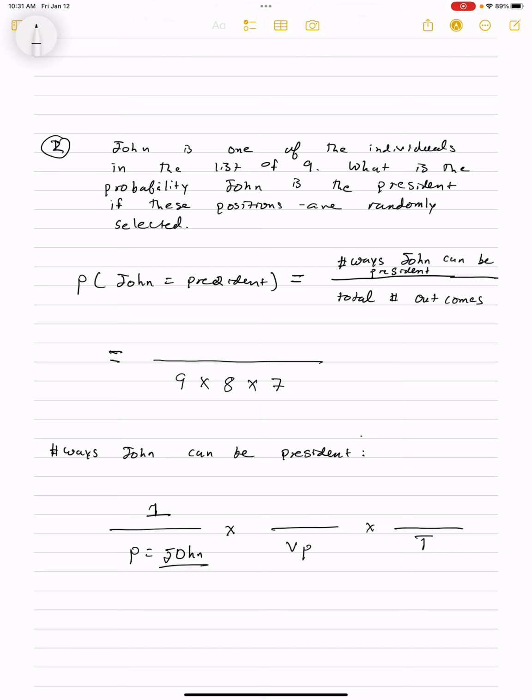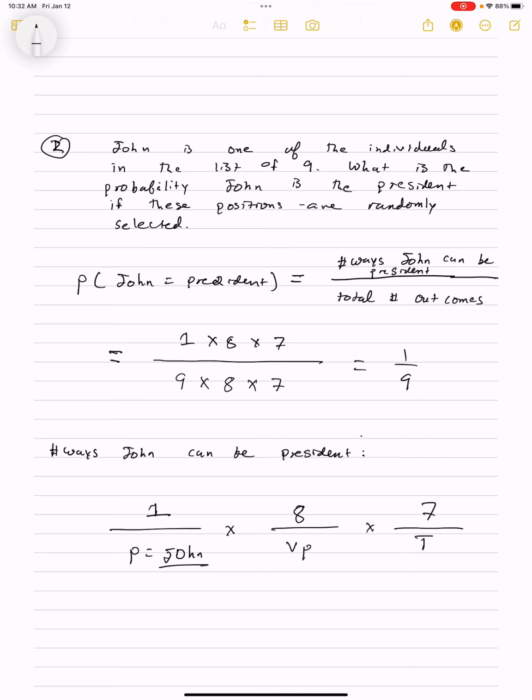So there's only one individual that can be president, and that is John. For vice president, well, there are 9 individuals, but John's one of them, and he got assigned to be president. So there's 8 outcomes left. For the treasurer, well, John's president and one individual selected as VP, so there's 7. So this looks like it's 1 times 8 times 7 over 9 times 8 times 7, which is 1/9.